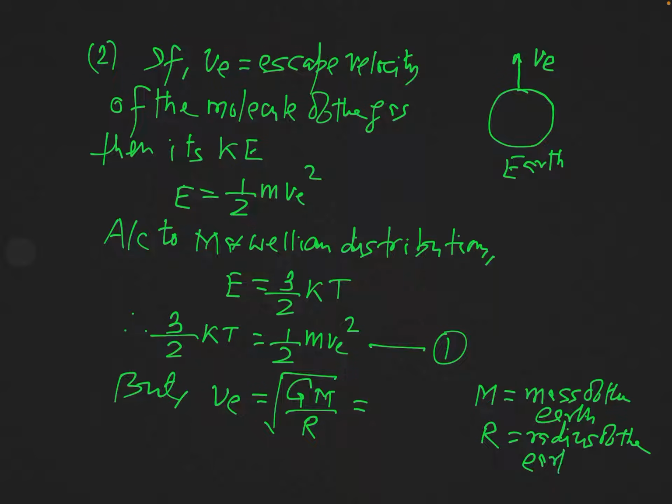Sorry, this is not GM by R but 2GM by R. Root of GM by R squared is actually the orbital speed, and escape velocity is the square root of 2GM by R. Since GM equals gR square, one of the R will cancel out, and VE is equal to root over 2gR.